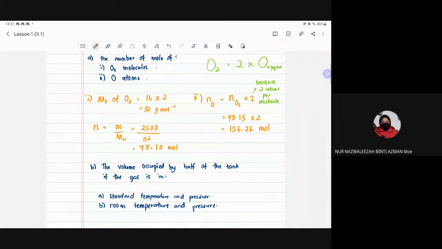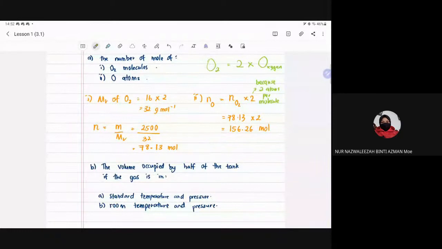Ada berapa kasut? 2. Kalau saya ada 10 pasang kasut, ada berapa kasut? 20, betul. Macam mana kamu tukar 10 pasang kasut jadi 20? Kamu darab ke kamu bahagi? Darab.